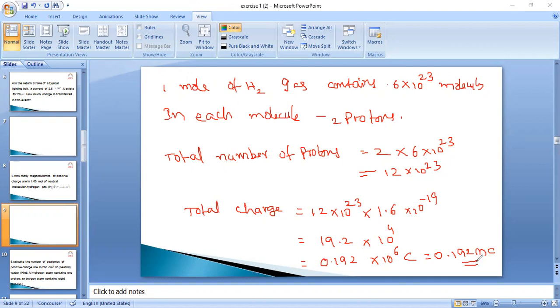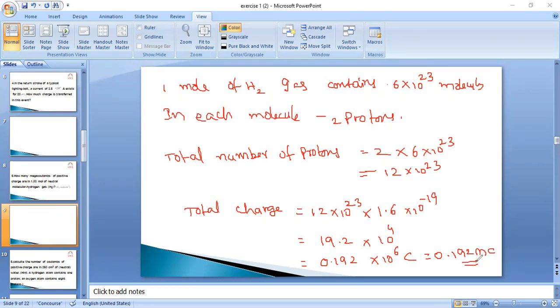Just to repeat, 1 mole of H2 gas is given. And also we have a law in heat mechanics. What is the law? At the same pressure, volume, and temperature, all gases contain the same number of molecules.